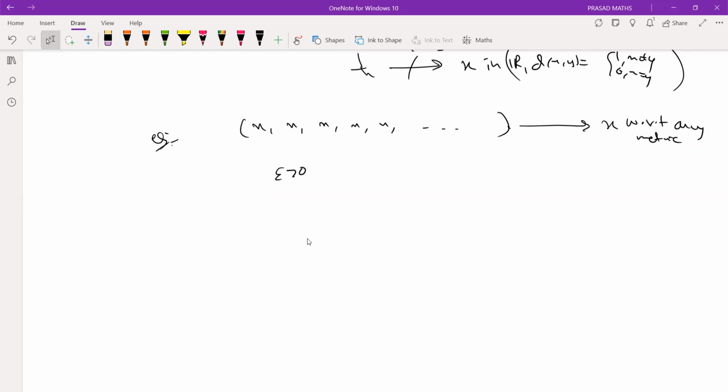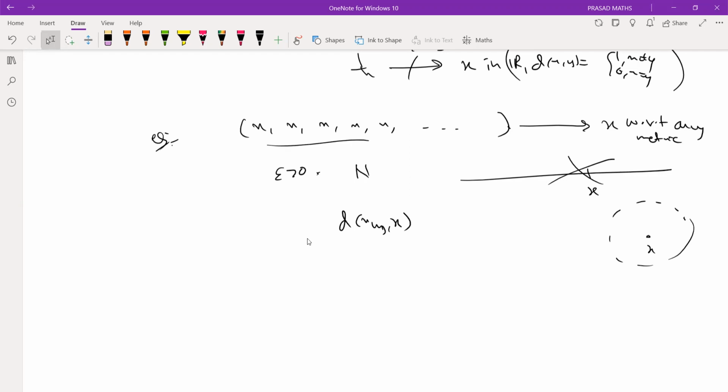You start with any neighborhood, not just on the real line. You can take any stage. What do you mean by the distance between xn and x? My sequence is a constant sequence, so xn equals x for all n. Yes or no?